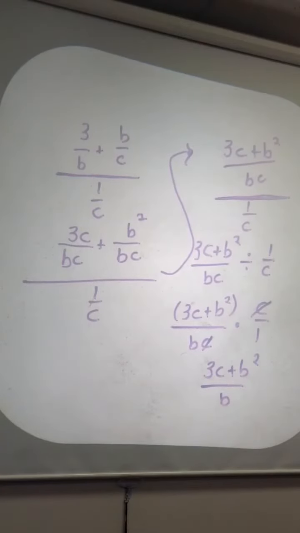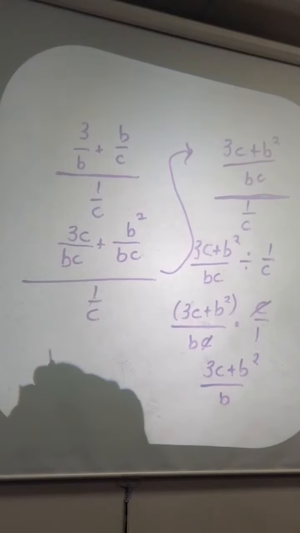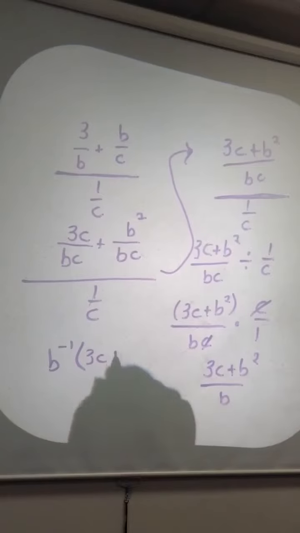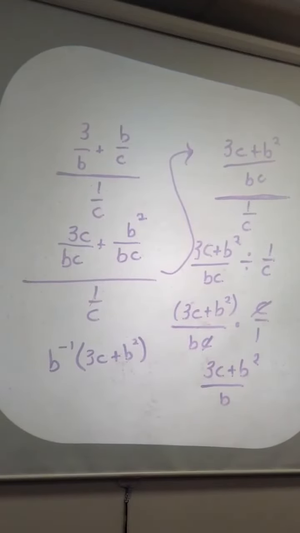Rachel? If we were to bring that up, it would have to be this way. B to the negative 1 times 3C plus B squared. Because remember, if it's in the denominator, you move it up, you have to change the sign.